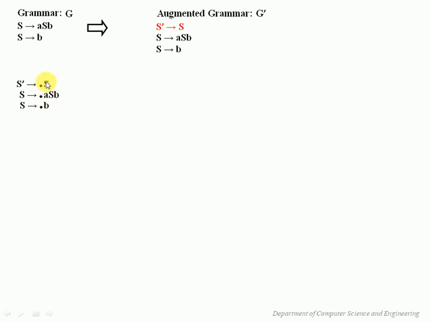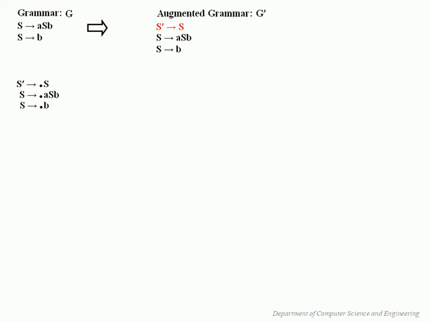For non-terminals, as we have already done, this is the case, and for terminal symbols, this is the case A and B. Whenever a terminal comes immediately after the dot, you don't have to do anything as part of finding the closure. So there will be action performed only when you have a non-terminal immediately after the dot.